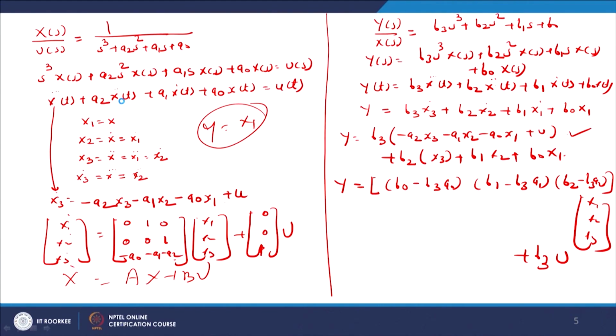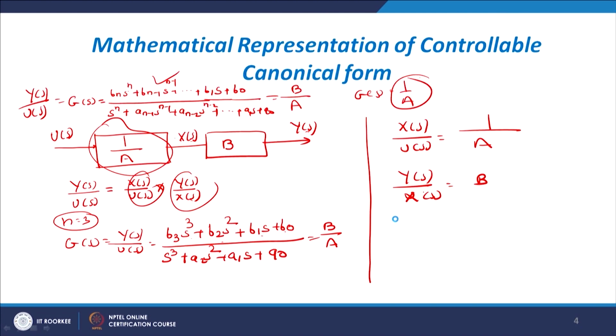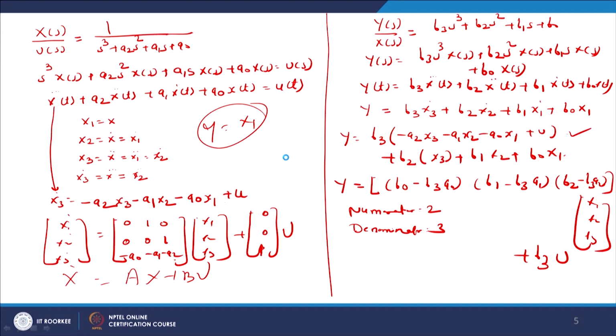But if the degree of numerator is lesser than the degree of denominator, that transfer function is called a strictly proper transfer function, and for control applications we always prefer strictly proper transfer functions. In that case we take the degree of numerator equals 2 and the degree of denominator equals 3. Then bn, here n is 3, so b3 is 0, that means y equals b0, b1, b2 times x1, x2, x3.